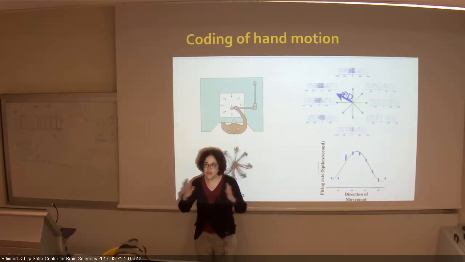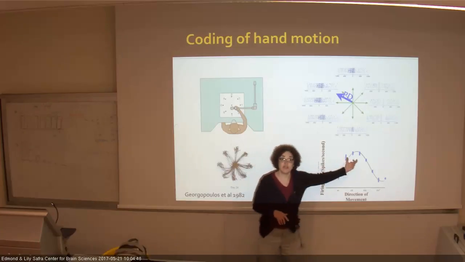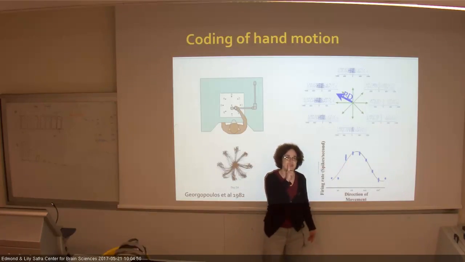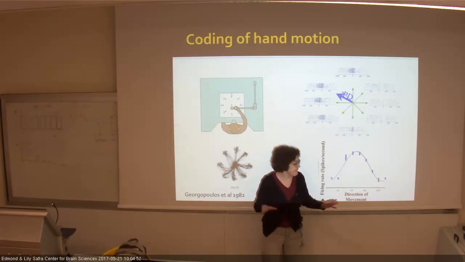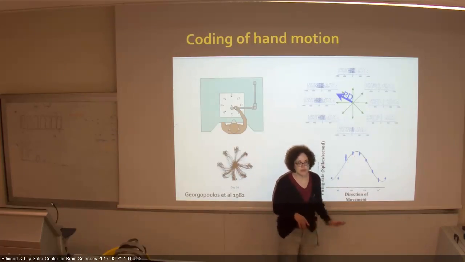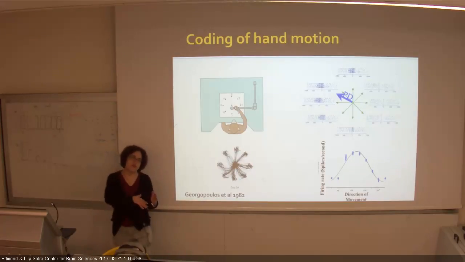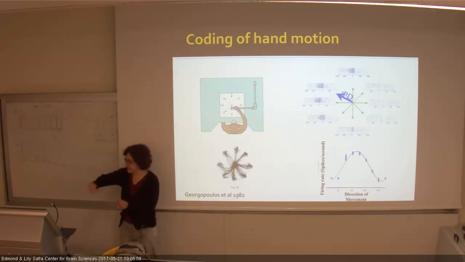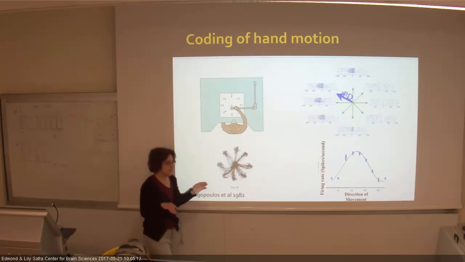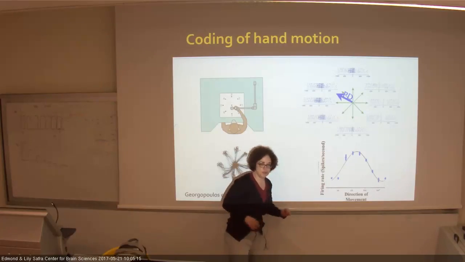The tuning is relatively broad. It's not a single target. It's a broad tuning curve with a preferred direction. And the preferred directions were uniformly distributed in space, so all directions were evenly represented by the activity of motor cortical cells.